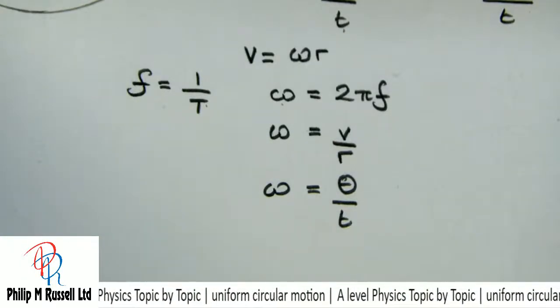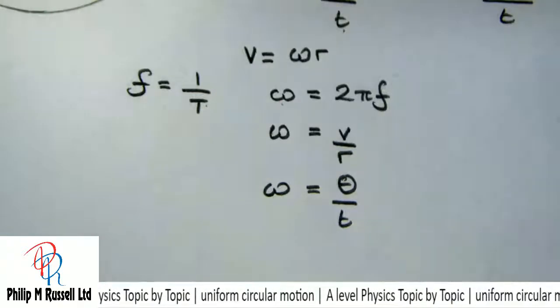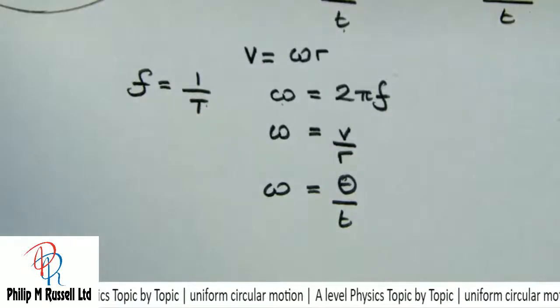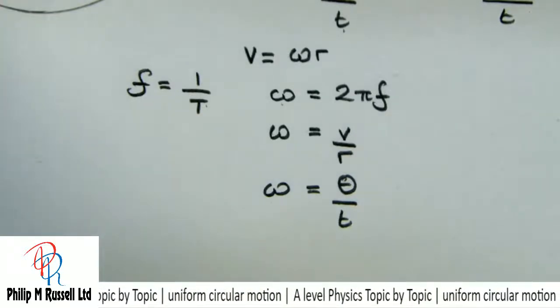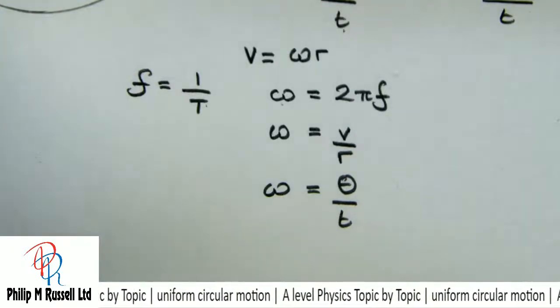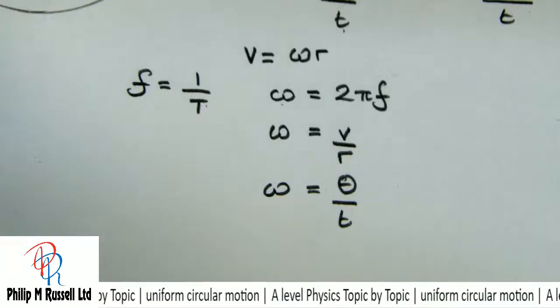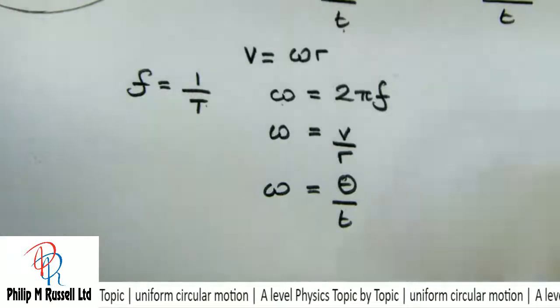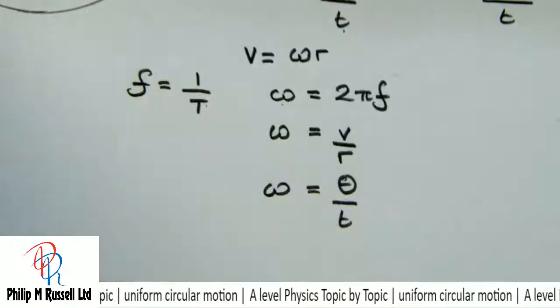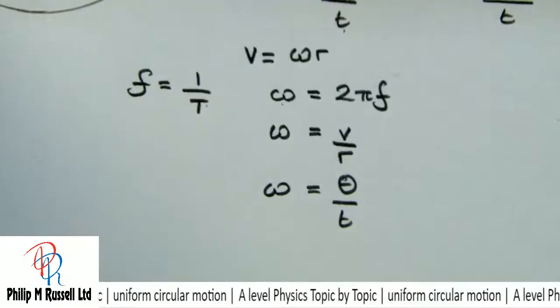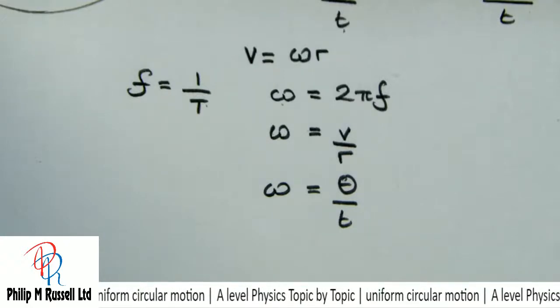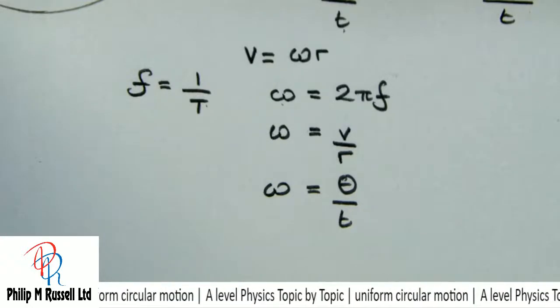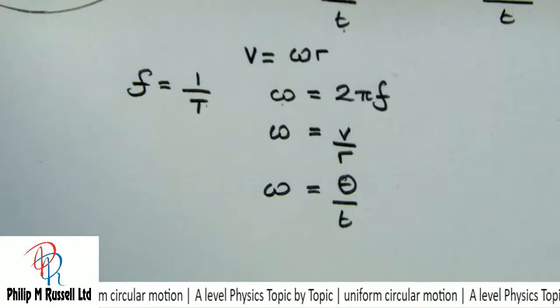So that gives us a few bits and pieces that we can actually look at, and what we then need to do is try and have a look and see what happens with circular motion. So let's see if we can explore a couple of things with circular motion. And what I'm going to do is have a look at a couple of experiments, but I'm going to start with an experiment on the floor.